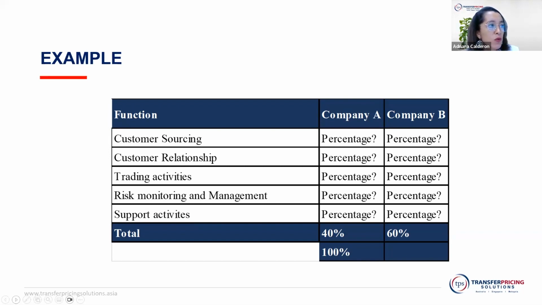Followed by that, we need to value the contribution, and that's where the difficulty comes in, because that contribution needs to be valued objectively for the methodology to be reliable. And that value is what comes as an output to allocate a percentage of contribution to company A and B, and it will result in what percentage of profit should go to company A or B.